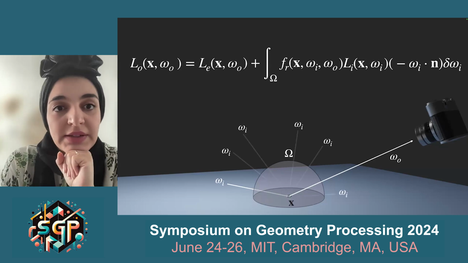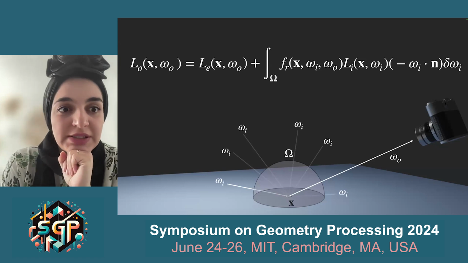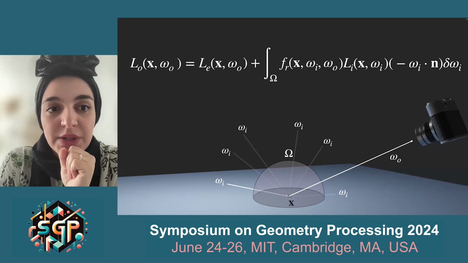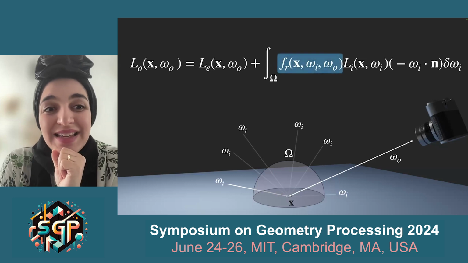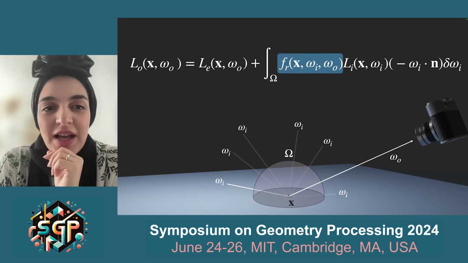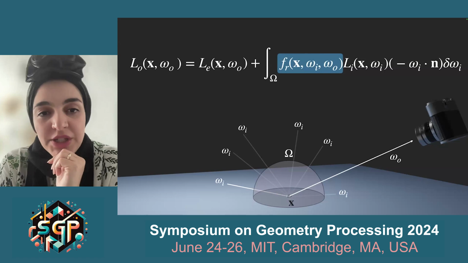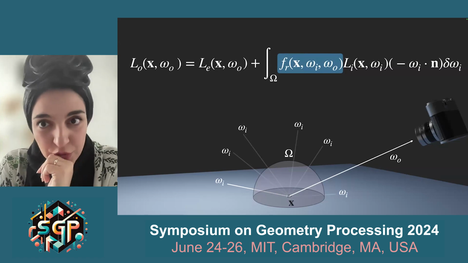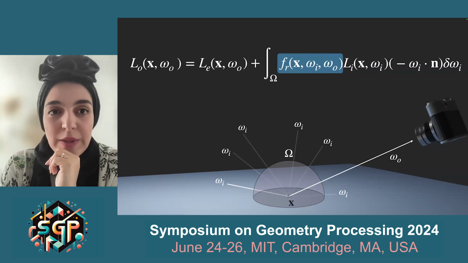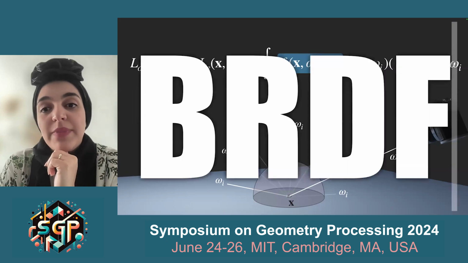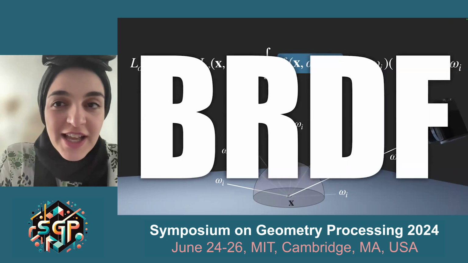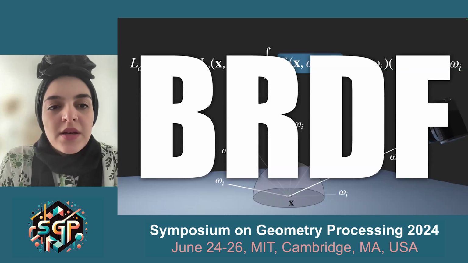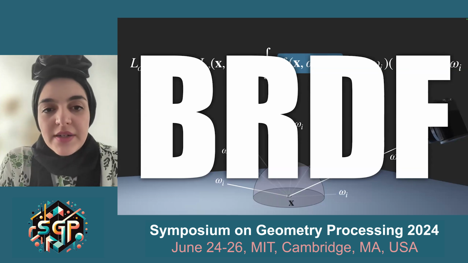But now there's another part that we want to talk about, this bit, which is impressively named bidirectional reflectance distribution function. If you may already know, this is BRDF. And it's an interesting enough function to have a little chat on it. We'll come back to it later in more detail.